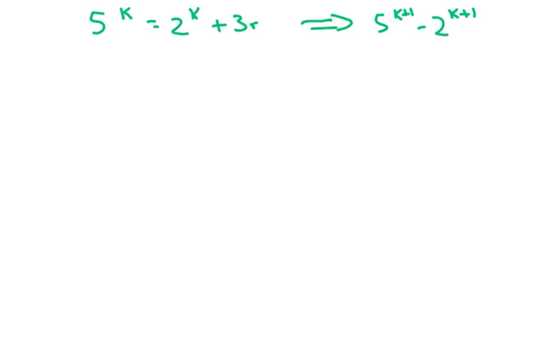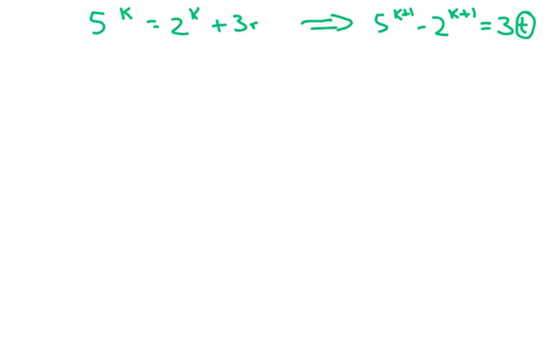Now, when we come over here on the other side, what we're going to do is show that 5 to the k equals 2 to the k, I just moved it over, plus 3r. And we want it to look like 5 to the k plus 1 minus 2 to the k plus 1 equals 3t for some t.